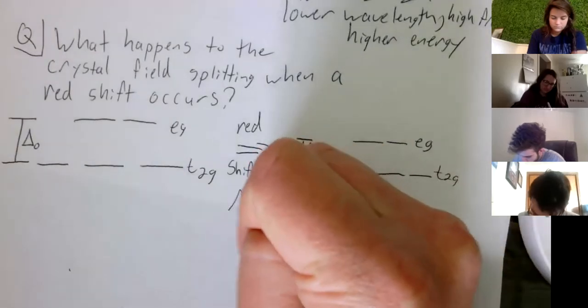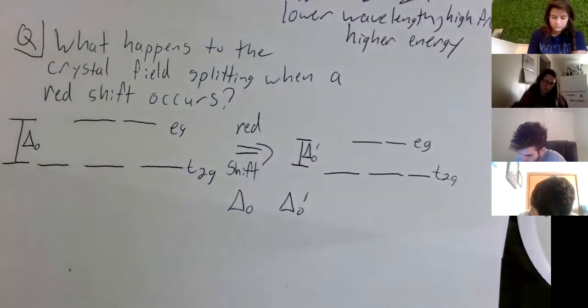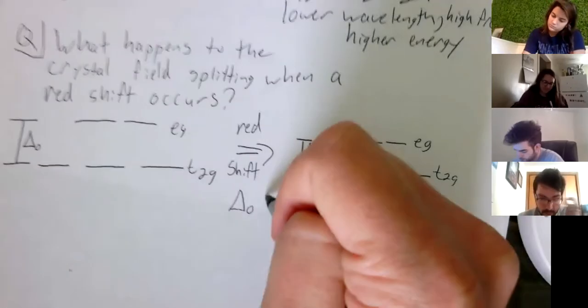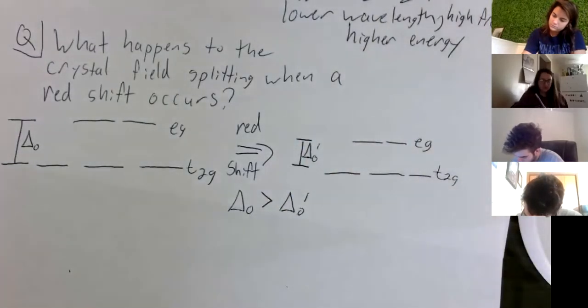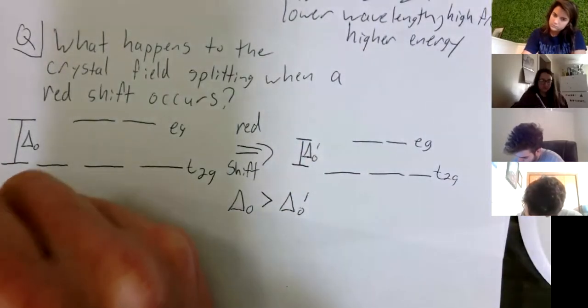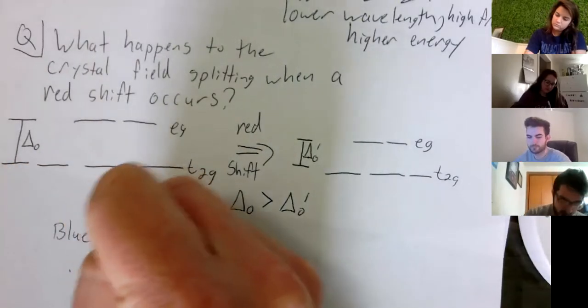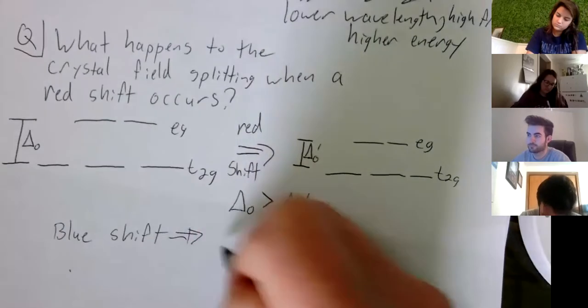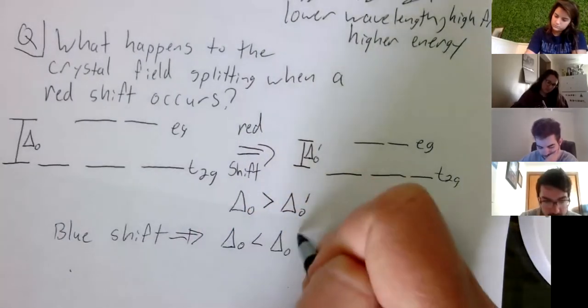And in this case, if we're comparing delta O and delta O prime, which one is larger? Delta O. Yep. Okay, blueshifts, the opposite happens. Delta O is less than delta O prime.